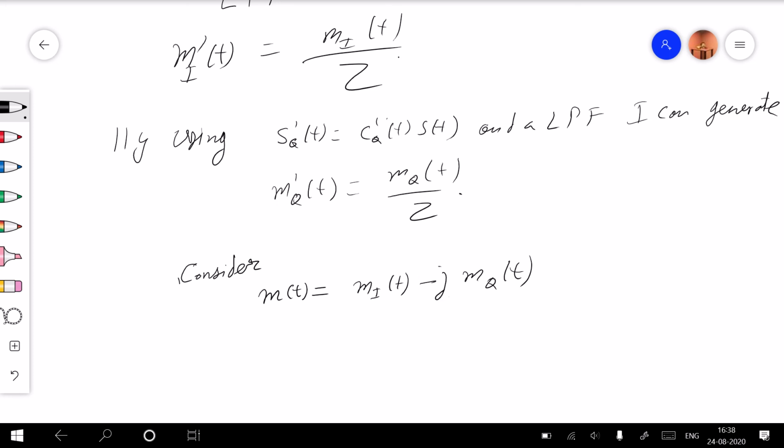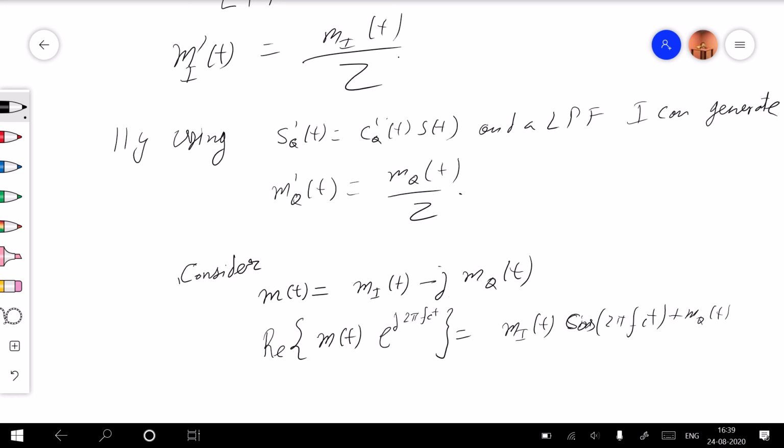If I look at this, then the real part of M(t) e to the power j 2 pi fct equals M_I(t) cos 2 pi fct plus M_Q(t) sine 2 pi fct, which is S(t).